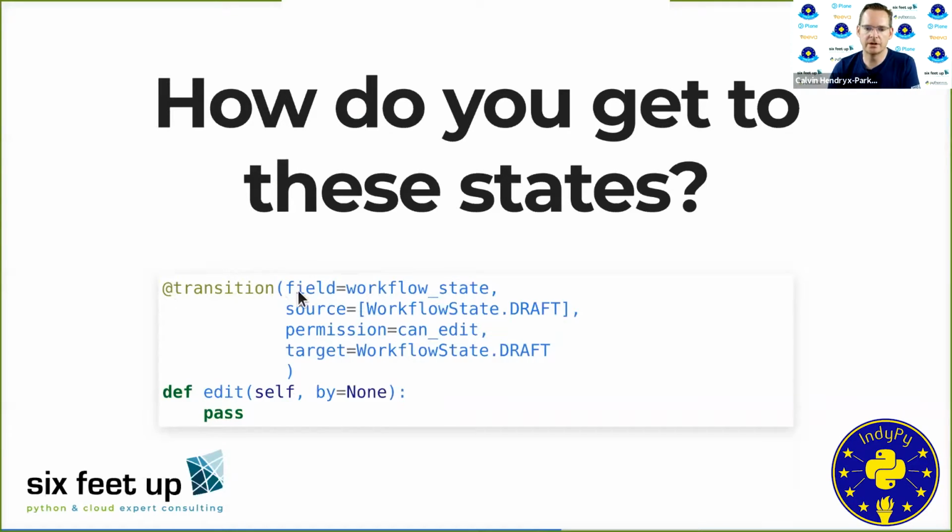We specify the transition decorator as part of the FSM package and specify which workflow state we're going to be acting the transition against. And then you have to say which source workflow state the item can be in, what permission, and I'll show you an example of writing that, but it's basically a callable that determines whether you are allowed to access this transition or not. And then if the transition is successful, what workflow state it will go into.